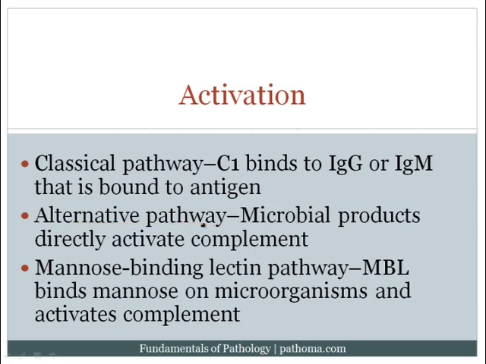The third pathway is the mannose-binding lectin pathway, also known as the MBL pathway. The mannose-binding lectin pathway gets activated when MBL binds mannose on microorganisms, and once the mannose is bound by MBL, that then allows for the activation of complement. And so this is the third way by which complement can be activated.